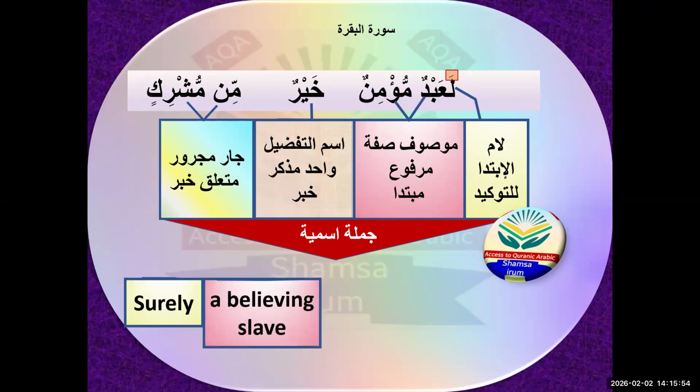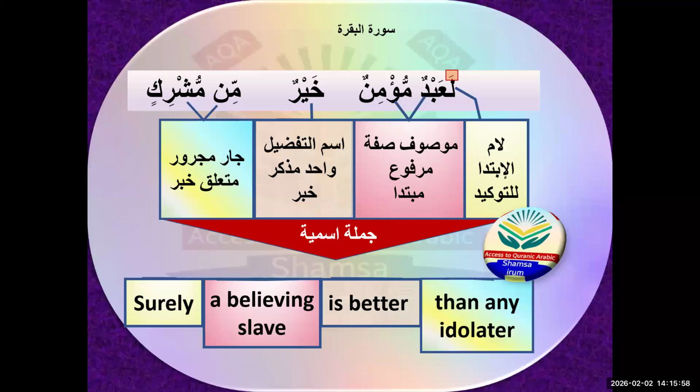Surely a believing slave is better than any idolater. Or you can say a slave man who believes is better than a free man who doesn't. It means the believing slave is better than a polytheist. Even if the polytheist is a free man, he's no better. Better is the slave man, even if he believes, then he is better.